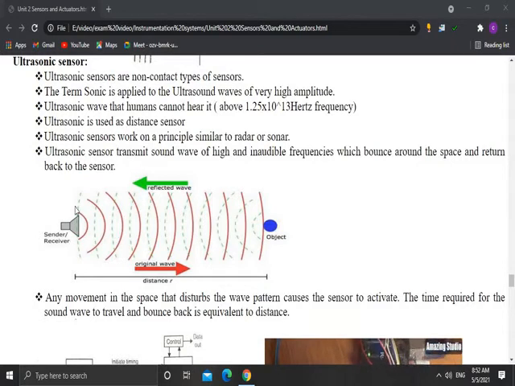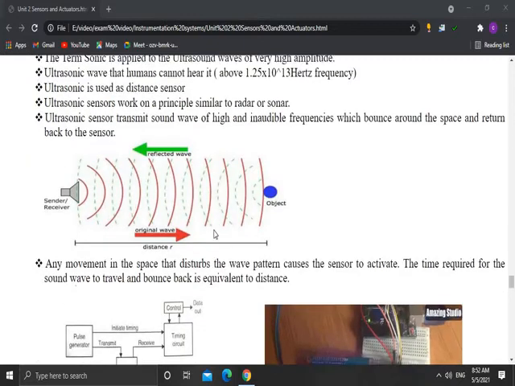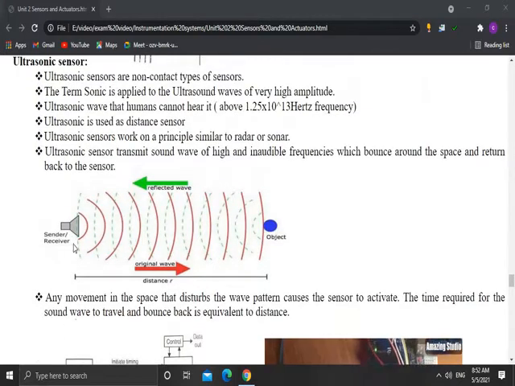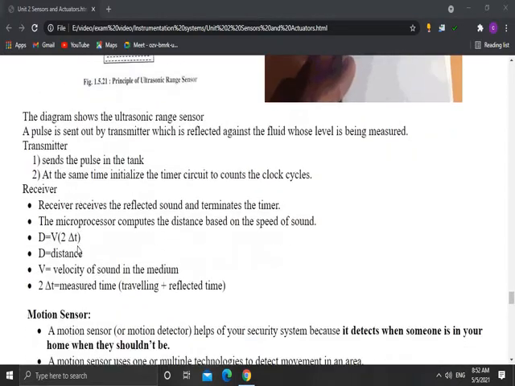So when this ultrasonic wave reaches the object, the wave bounces back to the sensor, and the sensor measures distance by using the velocity of sound and measured time.